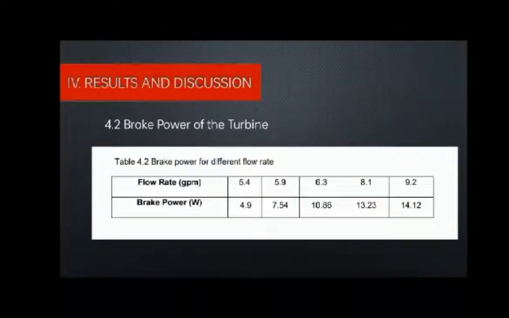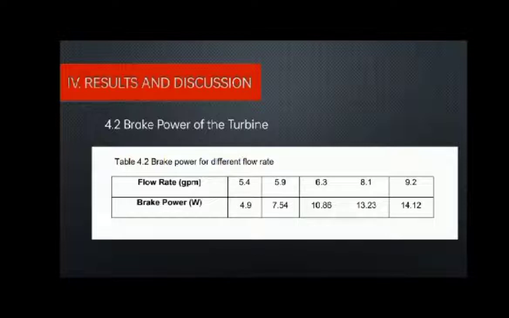Brake power of the turbine. The group was able to calculate the amount of brake power that a turbine would have at each different flow rate. Table 4.2 shows the summary of the calculations. Table 4.2 shows the brake power for different flow rates. For 5.4 GPM, the brake power is 4.9 watts.